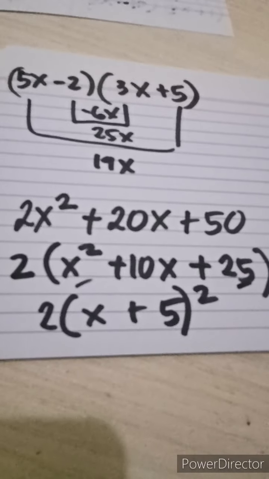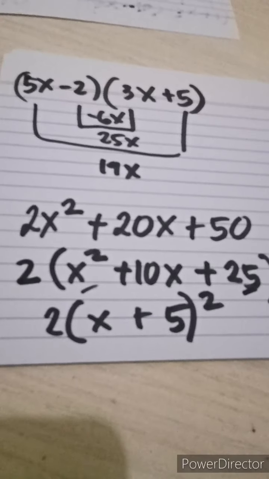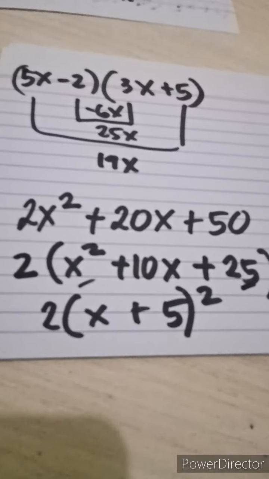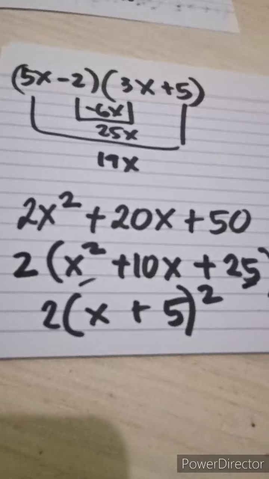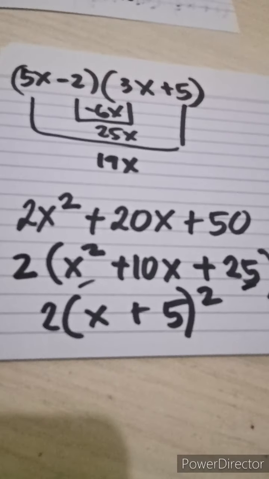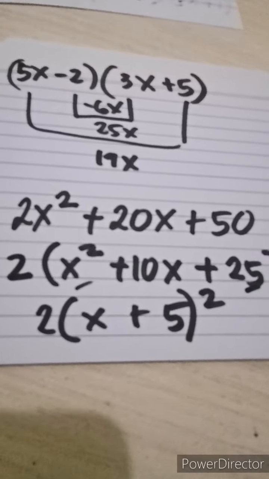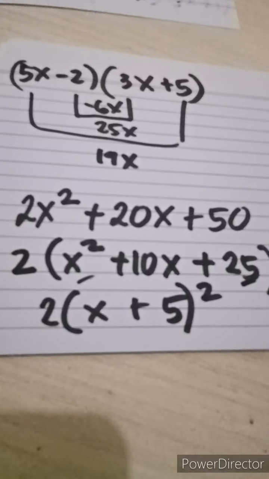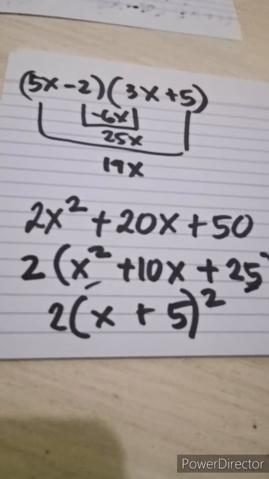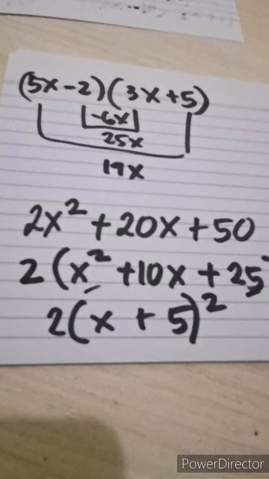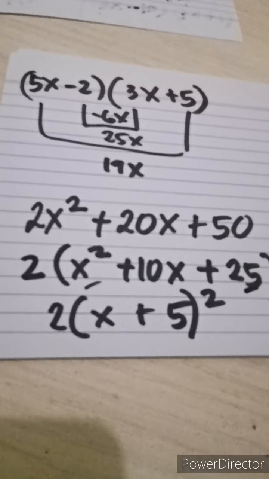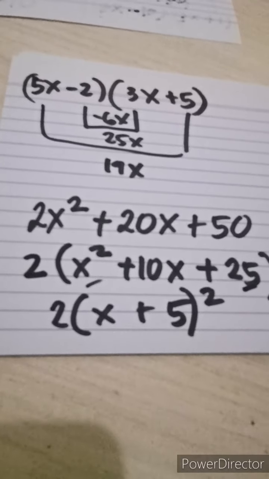So, sa bawat numbers na makikita nyo, ang unang gagawin is i-check kung siya ba ay may common monomial. Kung siya ay walang common at hindi mo siya mahanapan, you can choose from the 5 factoring methods kung ano yung gagamitin mo. Tandaan, kapag common monomial, i-check mo kung yung kanilang common numbers.